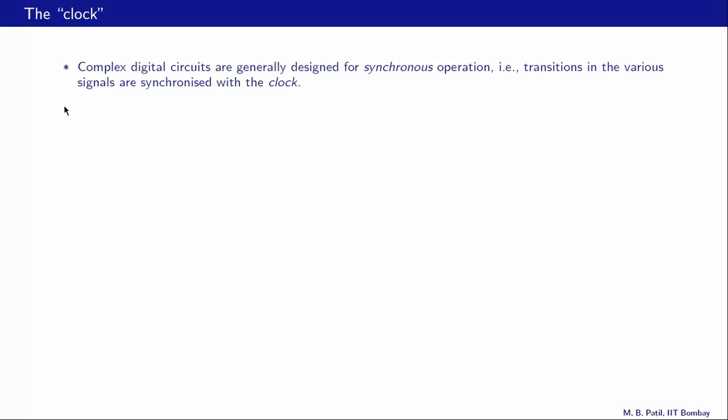Then we would all get up at various times, go to office at different times, and there would be no such thing as teamwork. And clearly that situation would be very chaotic and inefficient. And the clock serves a similar purpose in a complex digital system.